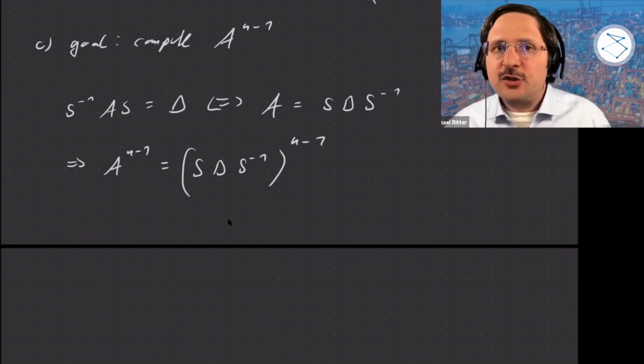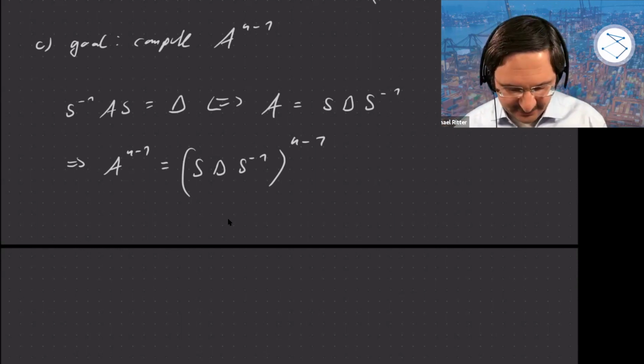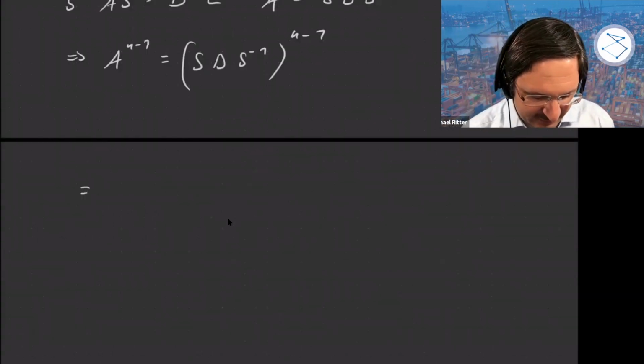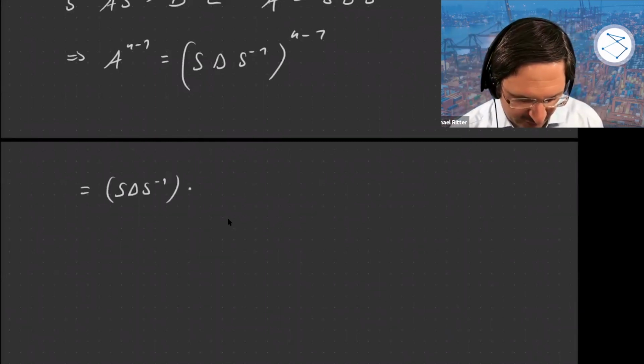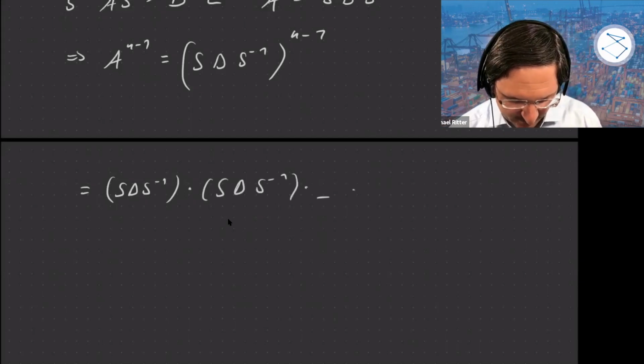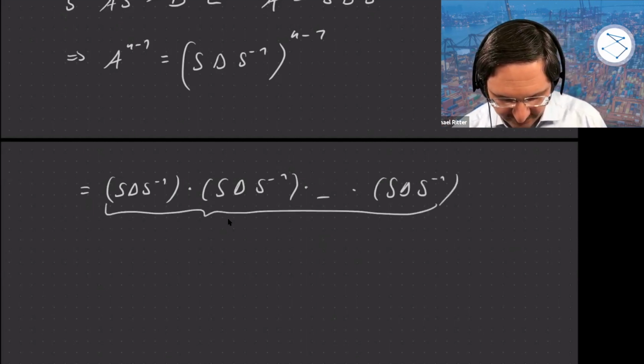And taking something to the power of n minus 1 basically means multiplying it, in this case, n minus 1 times. So what we do here is we take this expression, S times D times S to the minus 1. We multiply that by S times D times S to the minus 1, and so on. And we do this n minus 1 times.